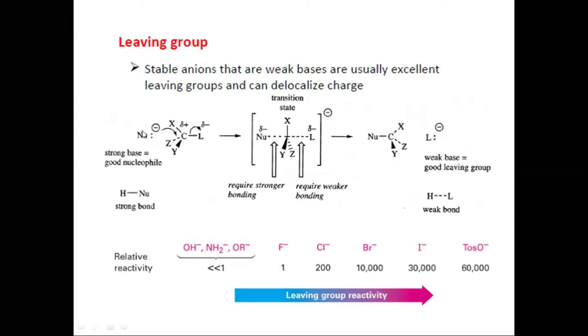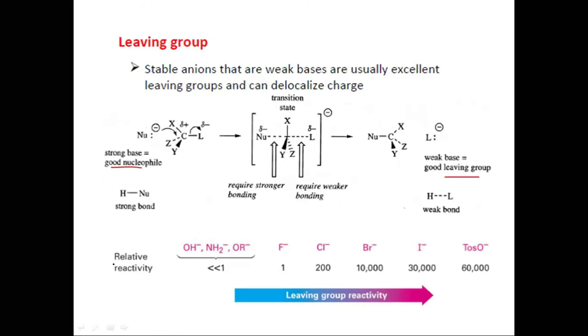In case of the nucleophile, it should be a strong base and good nucleophile, and the ligand should be a weak base and good leaving group. Then only the bond breakage and bond formation can take place in the SN2 reaction.